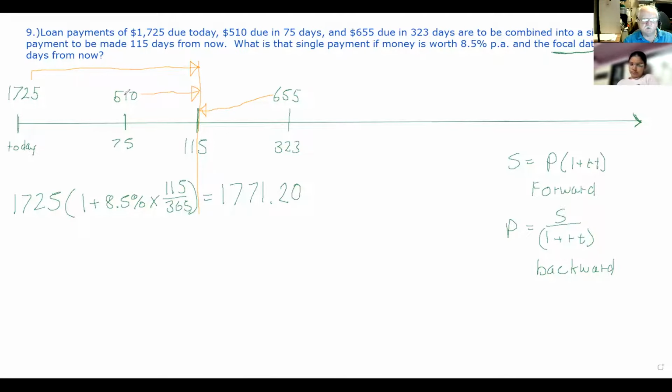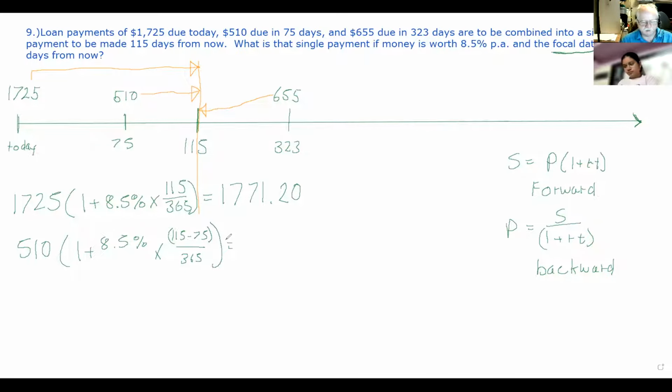So we have to move the 510 forward. 1 plus 8.5% times, now, it doesn't have to go 115 days. It's got to go 115 minus 75 days over 365.